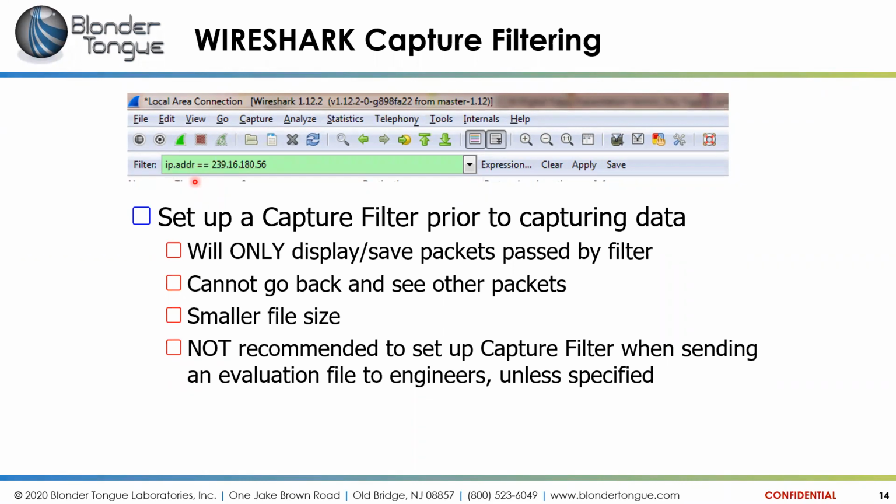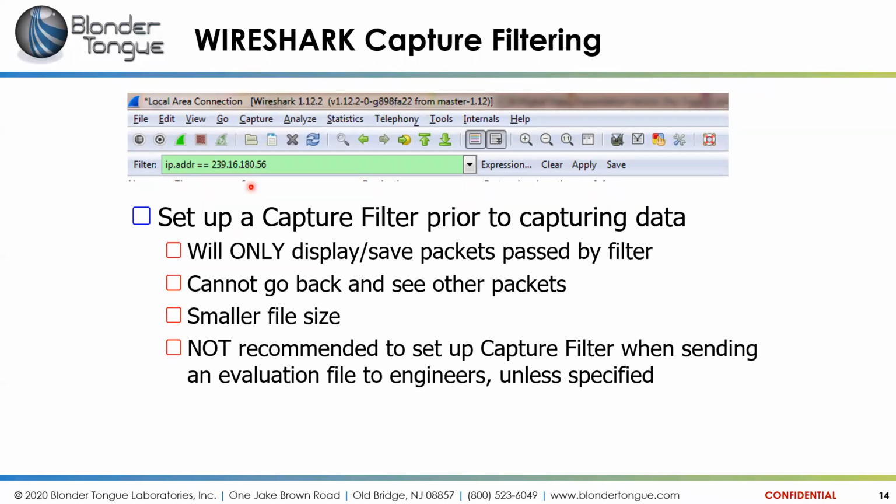So if I'm on a corporate network, for example, and I know there's a lot of other traffic on that network, I may only want to see the data that's coming from this multicast address here, okay, and capture that.